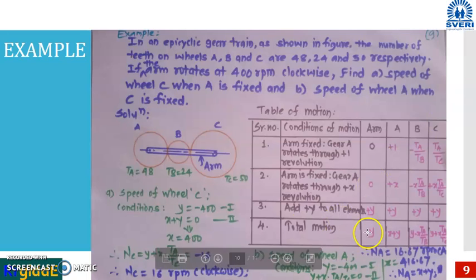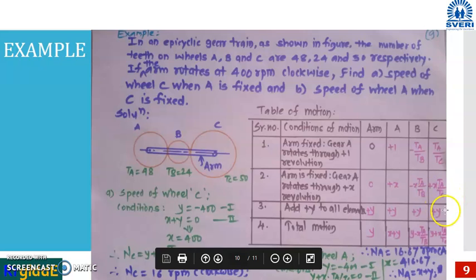Now find the speed of wheel C and the conditions they have given. Y is equal to minus 400. That means 400 rpm clockwise we have given minus sign, and A is fixed. That condition they have given, therefore X plus Y is equal to 0. So we got the value of X is equal to 400.